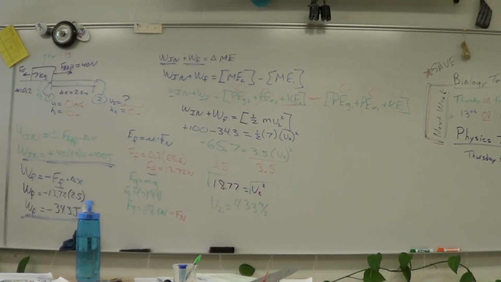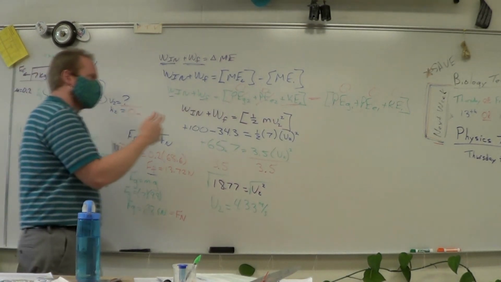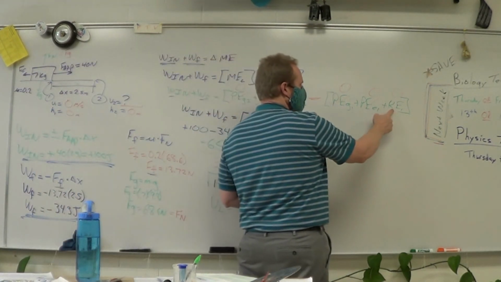Unless I screwed this stuff up, which is possible, but let me know if I did. That's about as many steps as we could possibly have. Slight variations of this could be, it has a V1. If we had a V1, that's not really that different, except now we have a KE1.